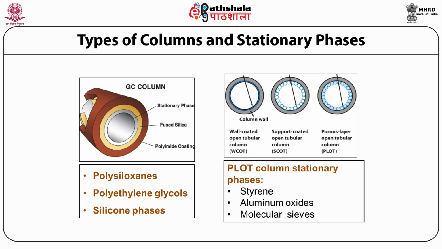They also have a very low reactivity, and because they can be wound into coils, we have seen that the range of the length of columns that can be used is now very high, which is anything, as I said, from 10 meters up to 105 meters.